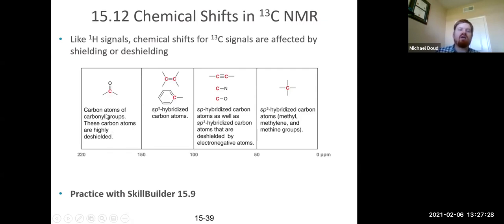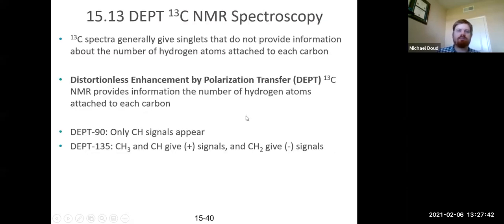And then finally, carbonyl carbons are from 150 to 220. You might want to snap this table and have it available for when you need to analyze those carbon-13 NMRs.